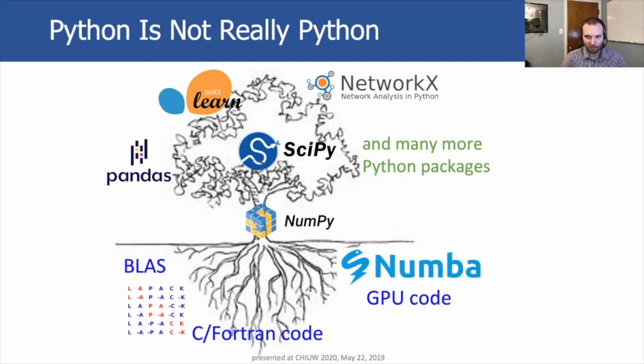NumPy brings together a bunch of low-level code for things like linear algebra codes, codes written in C or Fortran, or a GPU language, and it bundles those up in Python objects so that data science packages that are built on top of them can expose them through a Python syntax. But under the hood, they're also calling C or Fortran. And this is very effective as it gets quite good performance on single node.